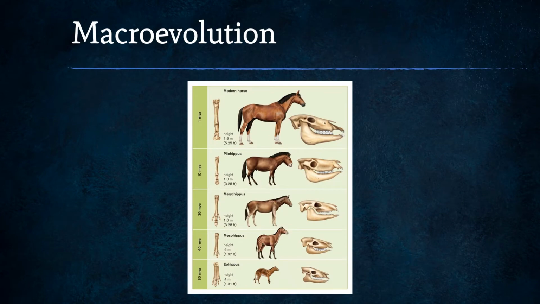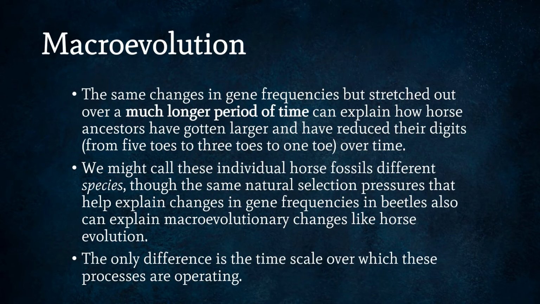And again, macroevolution is the same thing happening just over longer periods of time. Those changes accumulate and we get what you call speciation over a long period of time. So as I said, the same changes in gene frequencies but stretched out over a much longer period of time can explain how horse ancestors have gotten larger and have reduced their digits from 5 toes to 3 toes to 1 toe over time.